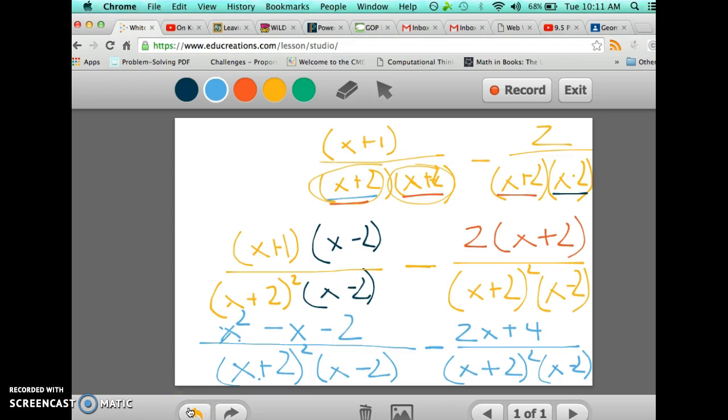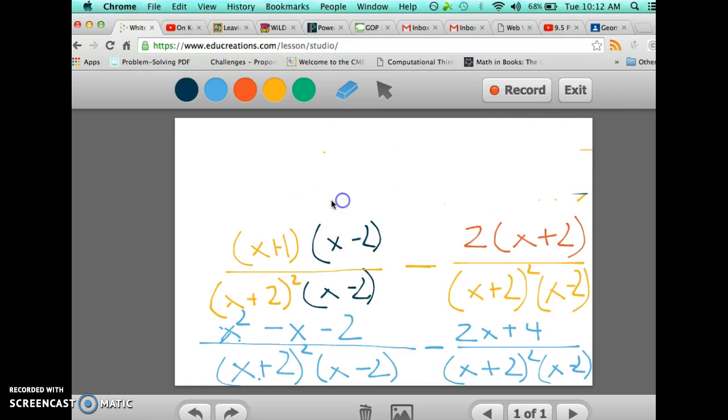So if I can just create some space up here, I'll finish the problem right here. So x squared stays, and I'm going to combine like terms to combine the numerators. X squared, minus x minus 2x makes minus 3x. So we got minus 1x here, minus 2x is minus 3x.